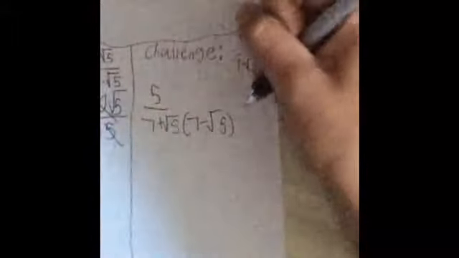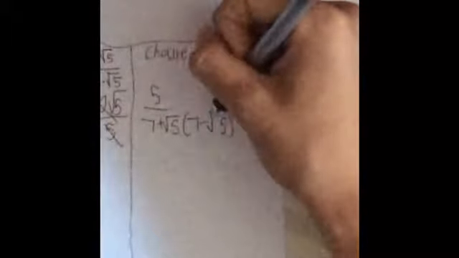And what we're going to do now is multiply it, but we're going to change that plus sign to a negative. Everything you do to the bottom has to be done to the top. So we're going to do the same thing. Multiply by 7 minus rad 5. So that's the first step.